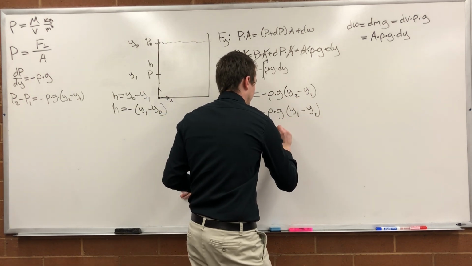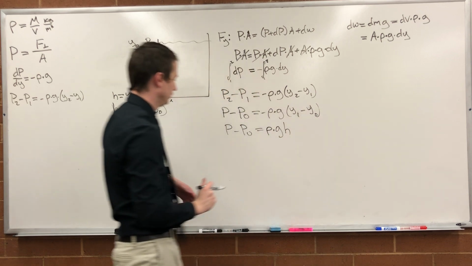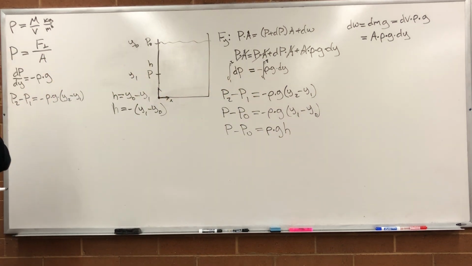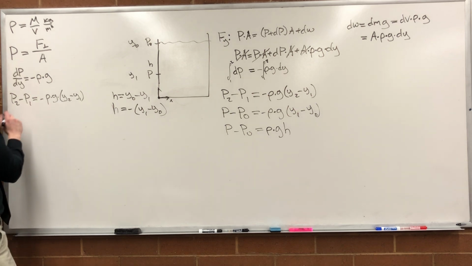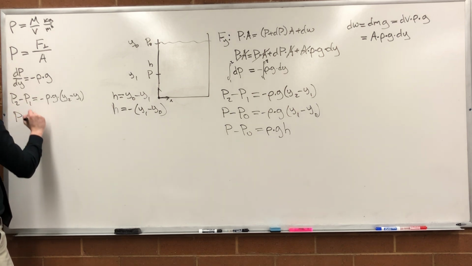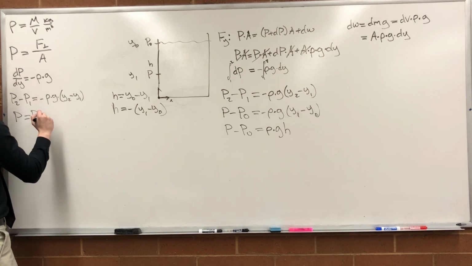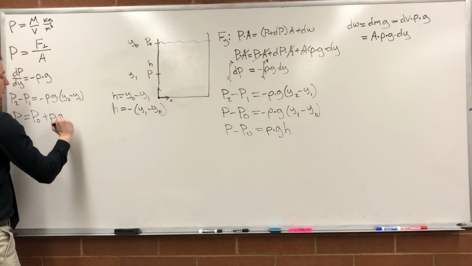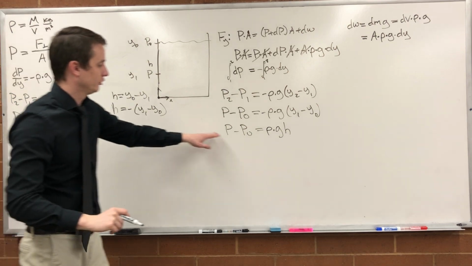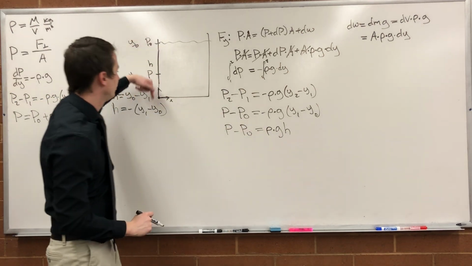And so we have rho times g times h. That gives us that our pressure is equal to our initial pressure at the top plus rho times g times h. And that gives us our pressure change if we go some depth h into the fluid.